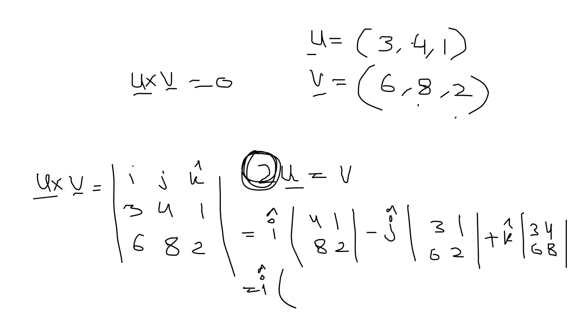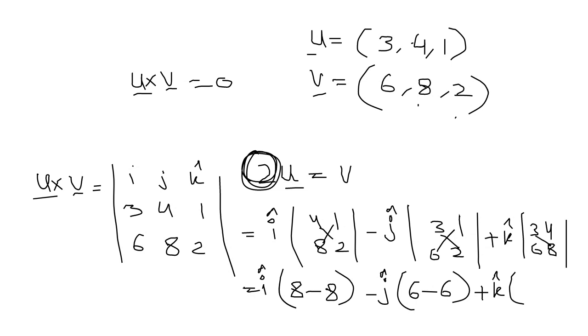So simplify: 4 multiplied by 2 is 8, minus 1 multiplied by 8 is 8, minus j, 3 multiplied by 2 is 6, minus 6 multiplied by 1 is 6, plus k, 3 multiplied by 8 is 24, minus 4 multiplied by 6 is 24. So 8 minus 8 is 0 i, 6 minus 6 is 0 j, 24 minus 24 is 0 k. So that is equal to 0.